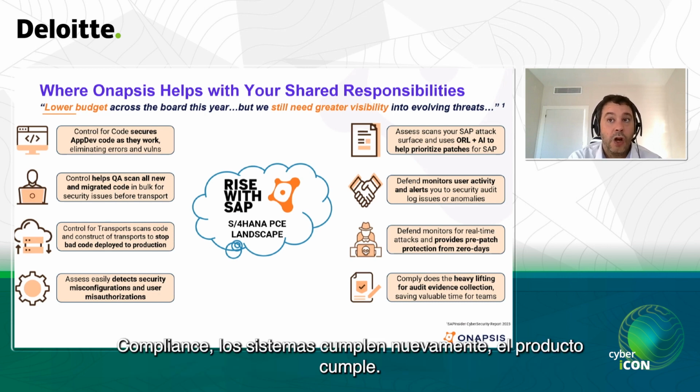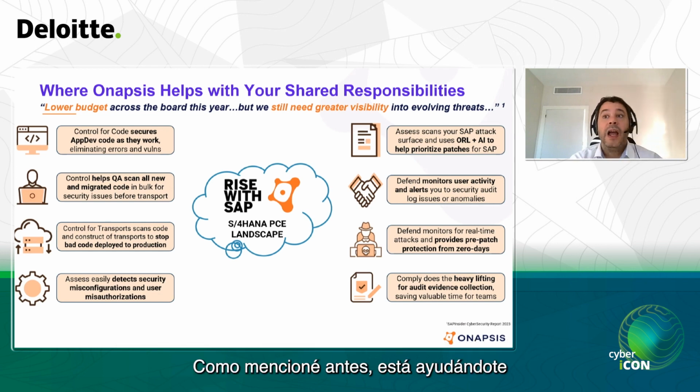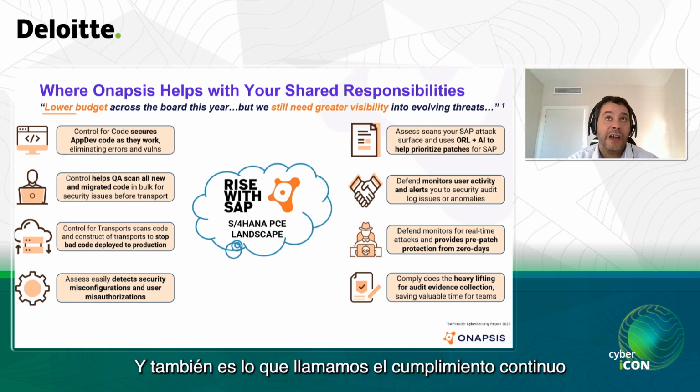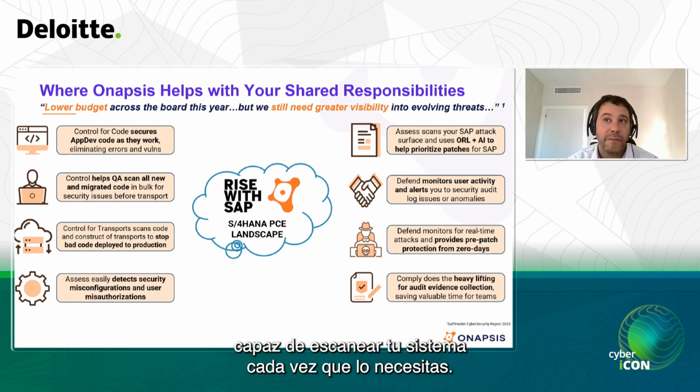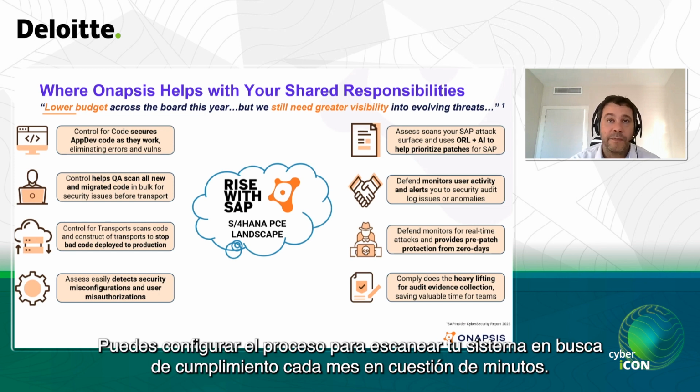Comply. Again, the product Comply, as I mentioned before, is helping you on reducing the time on passing the audit, and also it's what we call continuous compliance, being able to scan your system every time you want. You can set a process to scan your system for compliance every month in a matter of minutes.